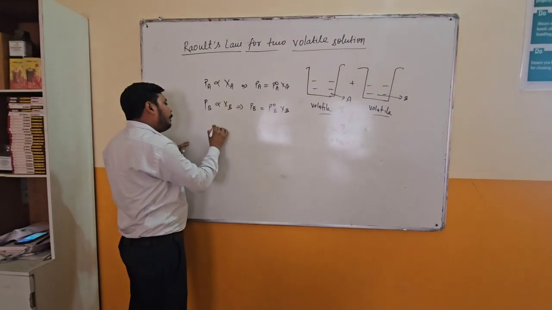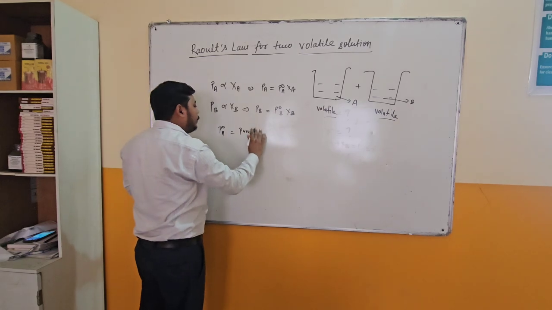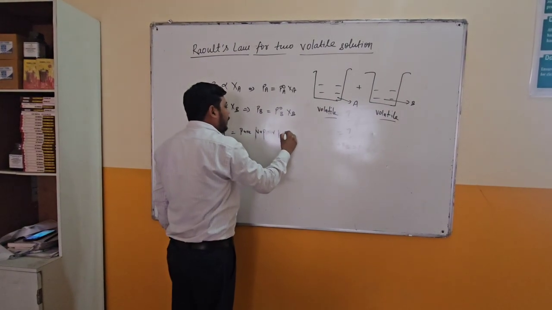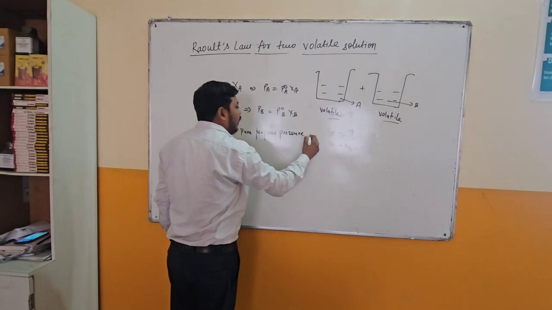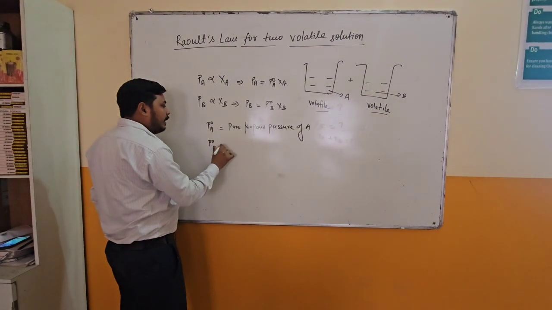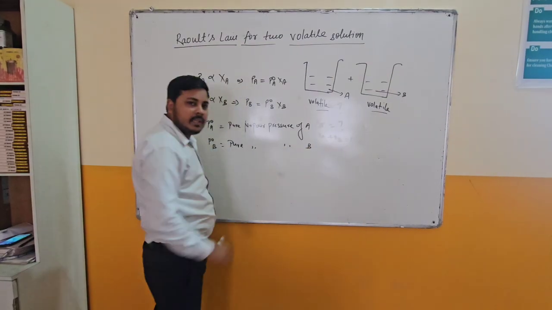Here P naught A is the pure vapor pressure of A, and P naught B is the pure vapor pressure of B, right?